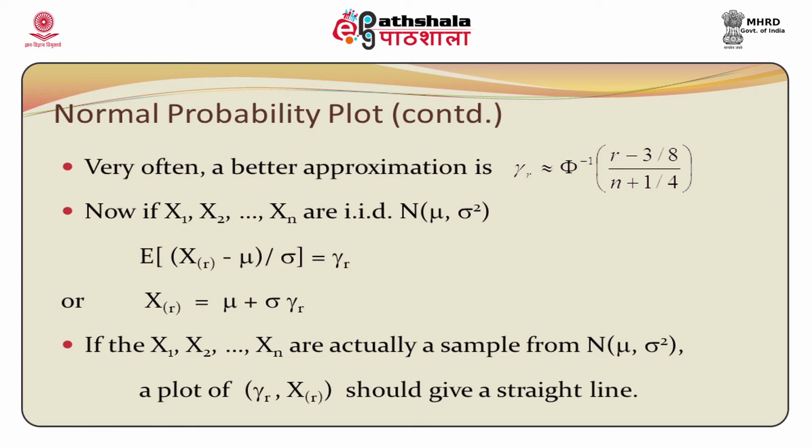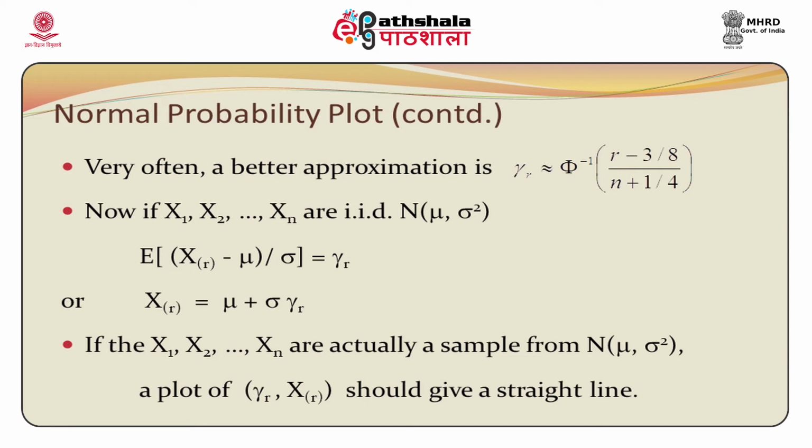Now, if x1, x2, ..., xn are identically and independently distributed as normal mu sigma square, then by our previous result we have expectation of xr minus mu by sigma equal to gamma r, which means that we can write expectation of xr as mu plus sigma gamma r.